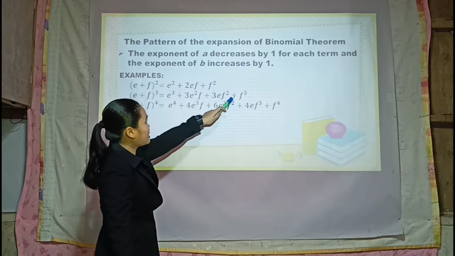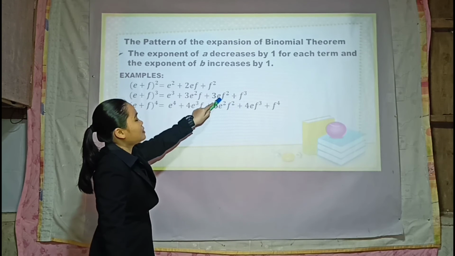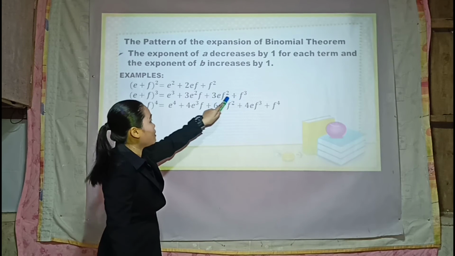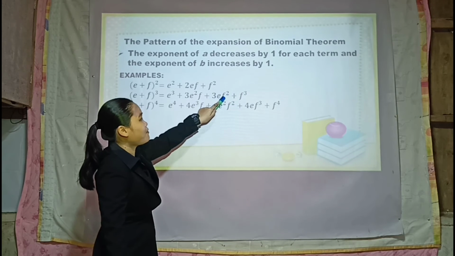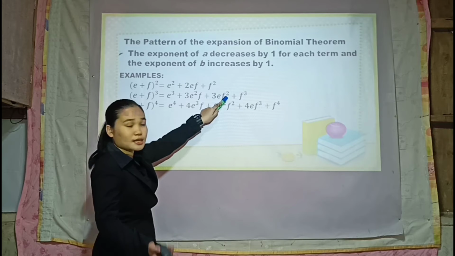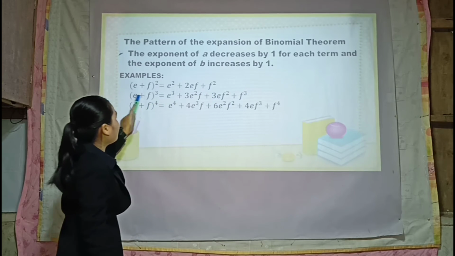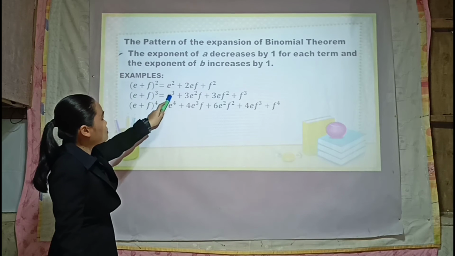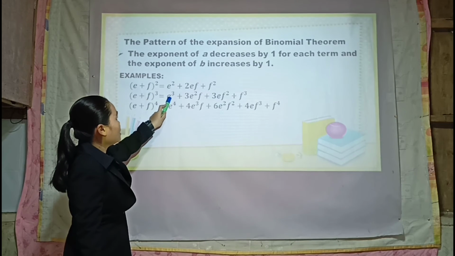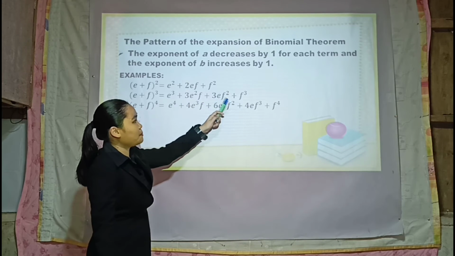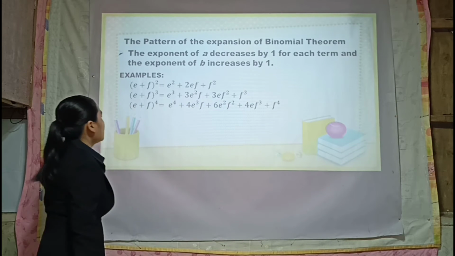And plus F cubed, because the exponent of E, from 1, becomes 0, and the exponent of F, which is 2, increased, so it becomes 3. So this is the final answer of E plus F cubed. So we have E cubed plus 3E squared F plus 3EF squared plus F cubed.